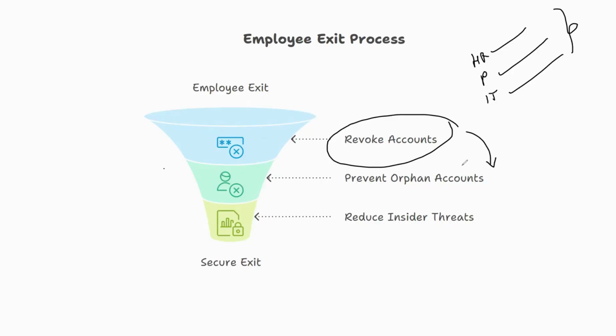Why? Because you cannot have these orphan accounts lying around, which might create a breach, eventually reducing the insider threat. So when an employee starts the exit process, they go to revocation to prevent orphan accounts, and then finally reducing insider threat, and there's a secure exit.